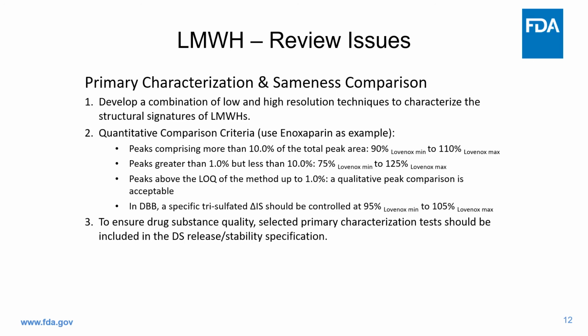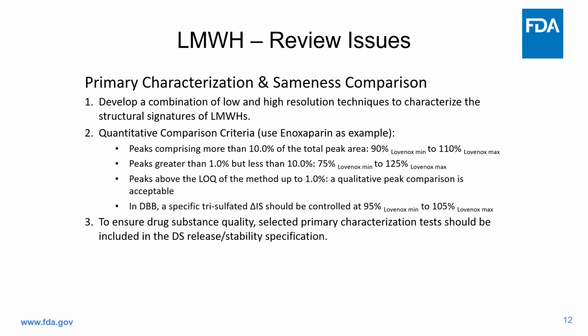For peaks that are greater than 1% but less than 10%, the agency would accept 75% of Lovenox minimum to 125% of Lovenox maximum. For peaks that are above the quantitation limit and up to 1%, a qualitative peak comparison would be okay.